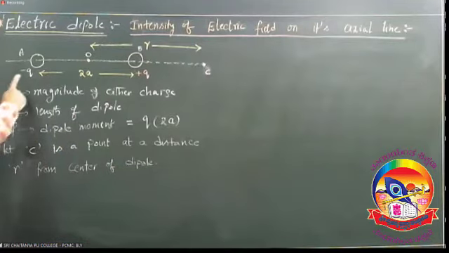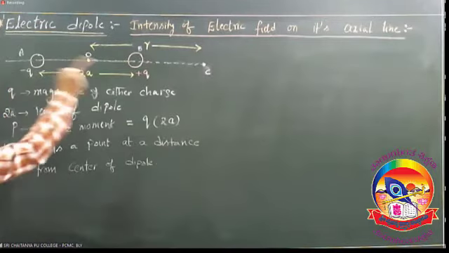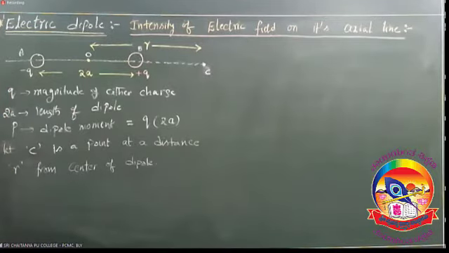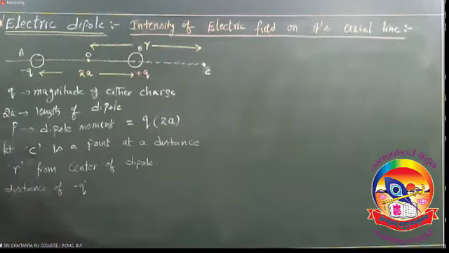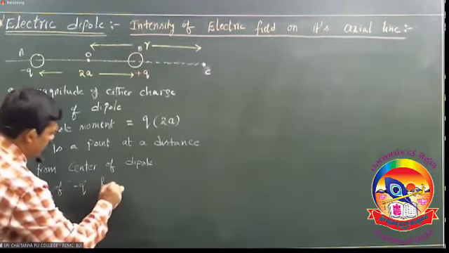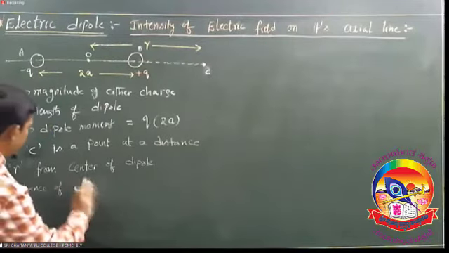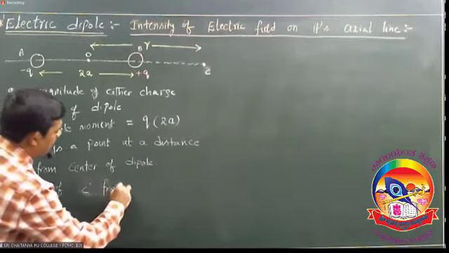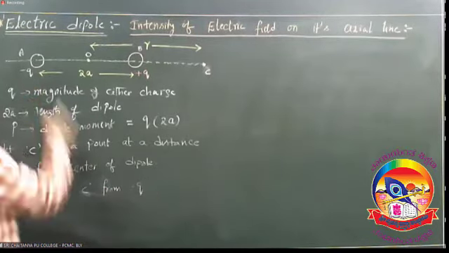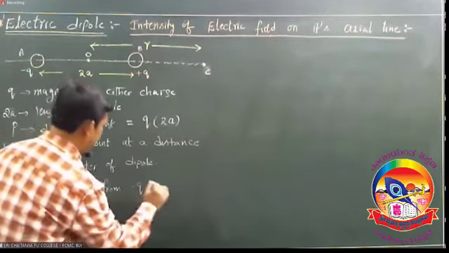Next, the distance of point C from minus Q, I call it AC.